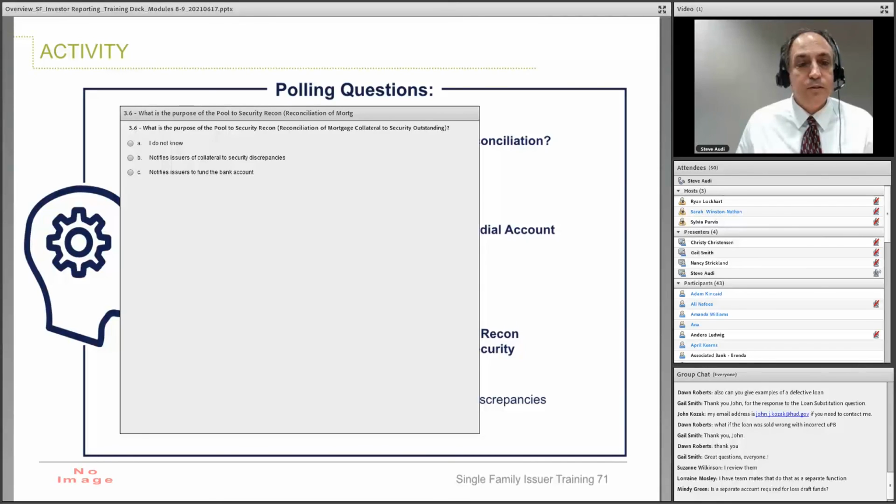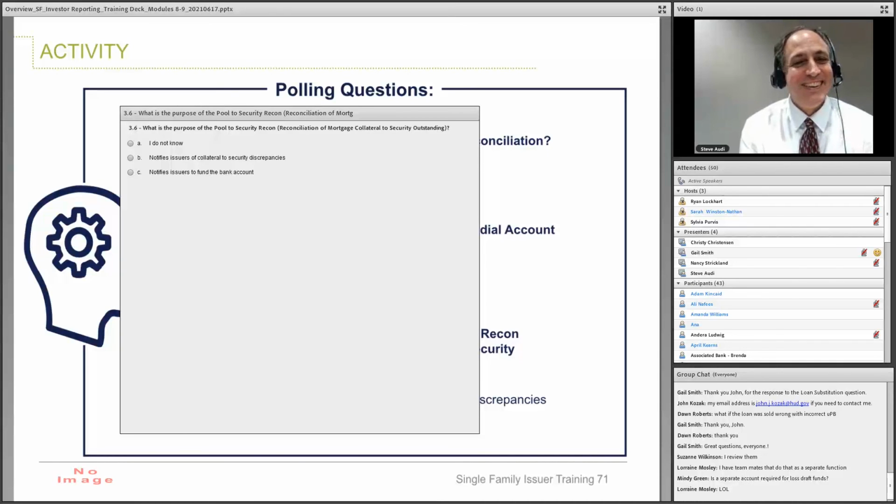The answer is not A. That's a great tip, Steve. All right, we'll end the poll here. The correct answer is B: Notifies the issuers of collateral to security discrepancies. All right, Sarah, you can close that poll.